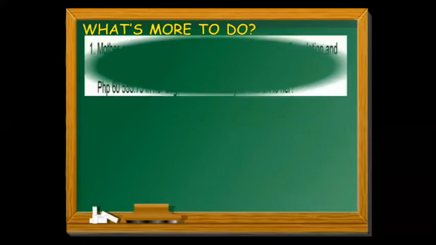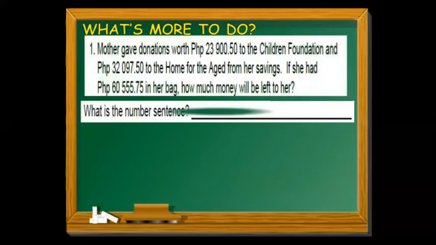The next step would be what is the number sentence? So sa number sentence, it's so easy lang. So hanapin natin yung total niya, 60,555 and 75 cents. Yun na yung nasa bag niya. Ibabawas natin siya dun sa total ng 32,097 and 50 cents and then 23,950 cents.